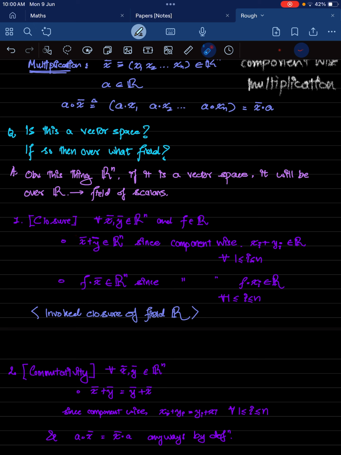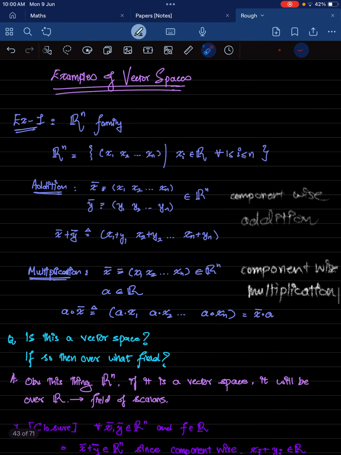The first property, closure, is actually pretty simple to prove. x plus y is also a member of Rn. Why? Because for x1 plus y1, x2 plus y2, all these components, since real numbers are closed under addition, each component will also be a member of the real numbers, and because of that, each vector addition of this form will also result in a vector that belongs to Rn.